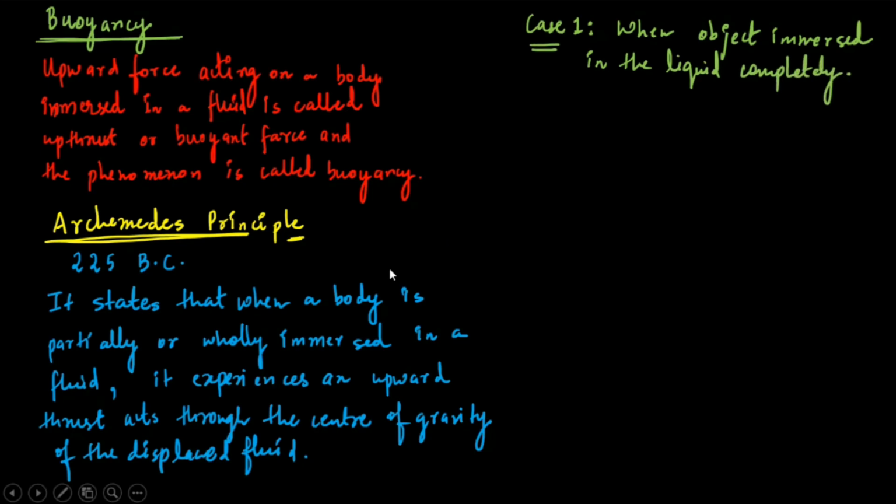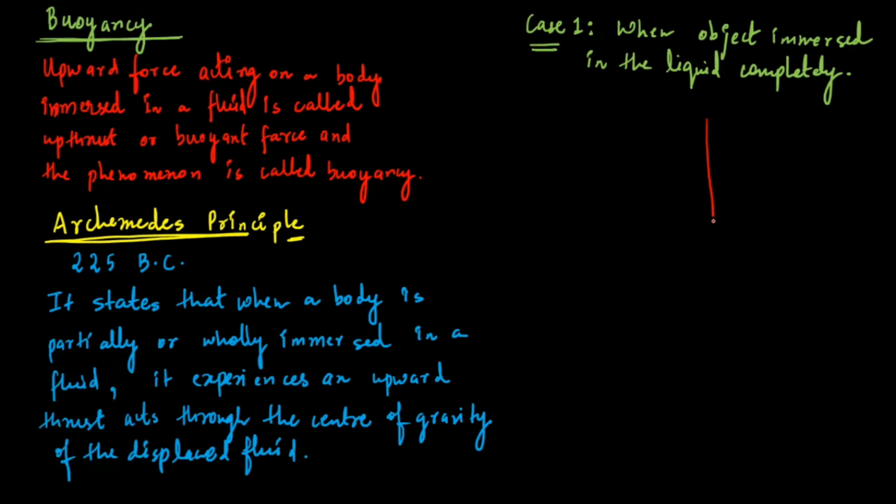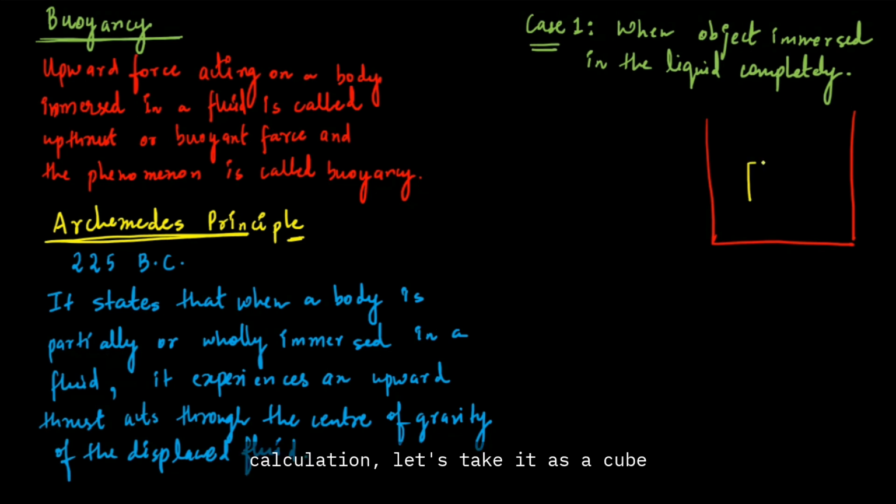You can imagine that there is a liquid column, and in that liquid column there is an object. For simplicity of calculation, let's take it as a cube. So this cube is inside the liquid and it is wholly immersed.